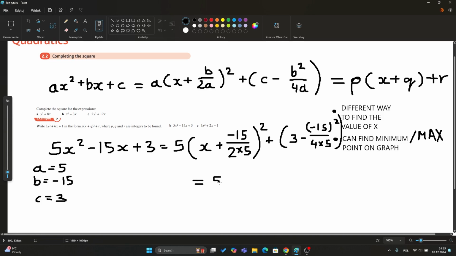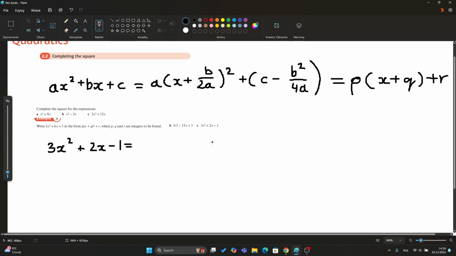And this is 5 times x minus 15 over 10 squared, and then we use the calculator to do the rest. So minus 33 over 4.